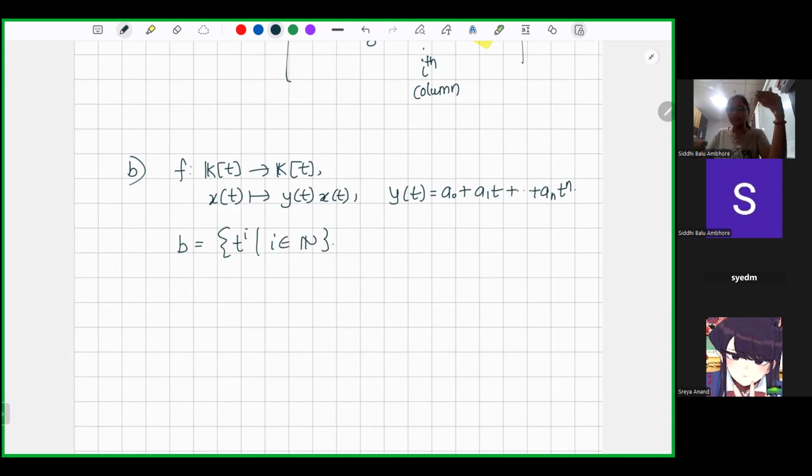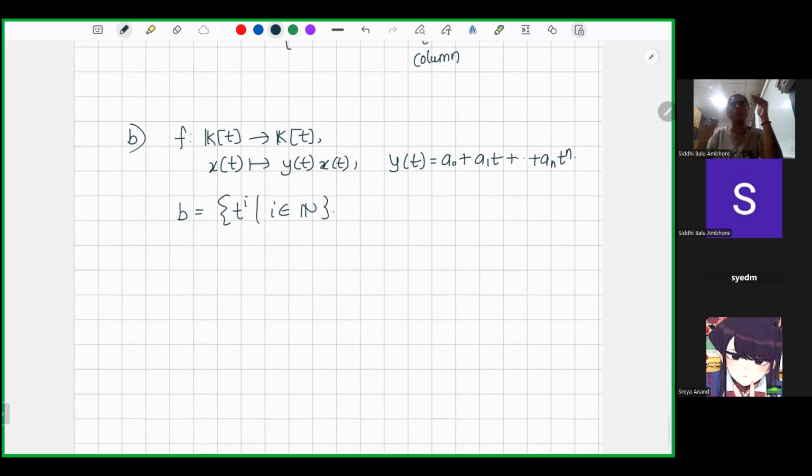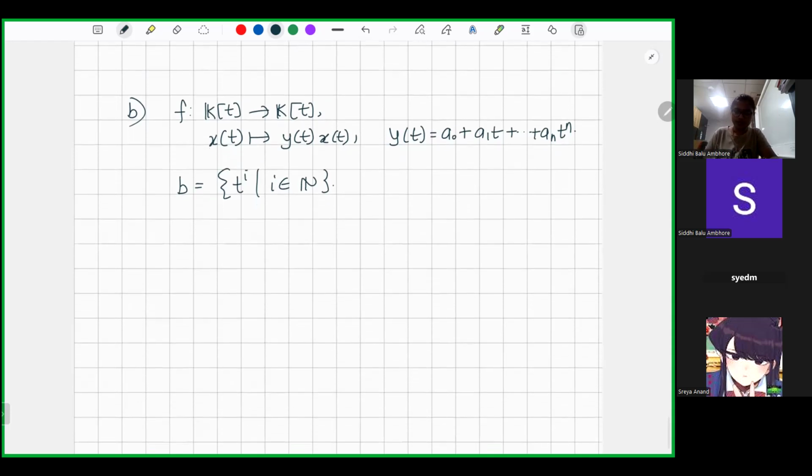And again, to find the matrix, I again have to evaluate each element of the basis using this f, and whatever we get, we have to arrange the coefficients in the column. So this is 1, t, t square, t cube, and so on. I hope you understood this, okay? So f of 1 is what? 1 into y of t.